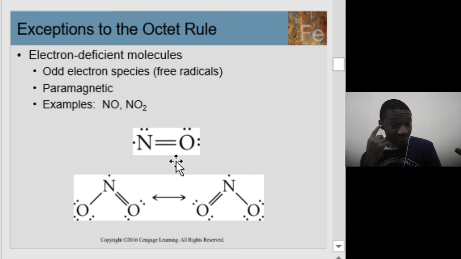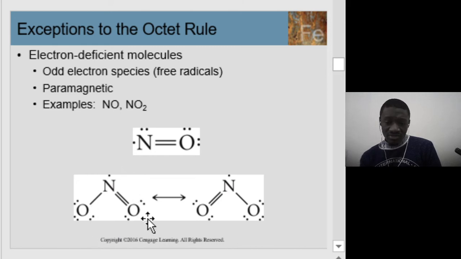Hence, you have confusion in your head if you're thinking about it. There's a compound called NO, but the question is, we are trying to represent it using a Lewis structure, but we can't. So these are the exceptions, because they can't be explained using the Lewis structure or the octet rule. Hence you have a situation on your hand.